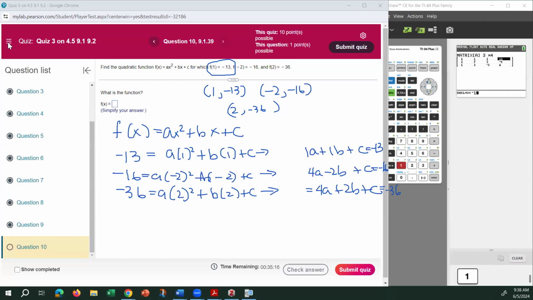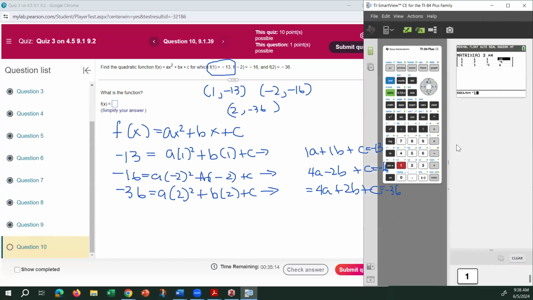So let's put it in again. -13. And the second one will be 4, -2, 1, -16. And 4, 2, 1, -36.